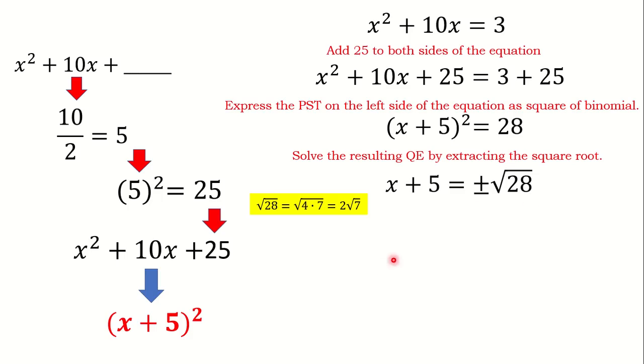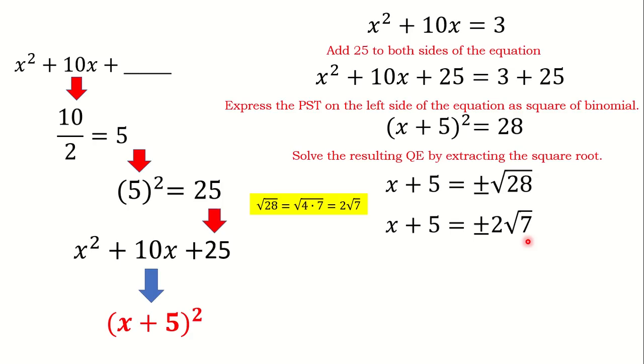So, therefore, the square root of 4 times 7, it will become 2 square root of 7. Kasi perfect squared yung 4 natin. So, magiging ganito na yung equation natin. X plus 5 is equal to positive or negative 2 square root of 7.